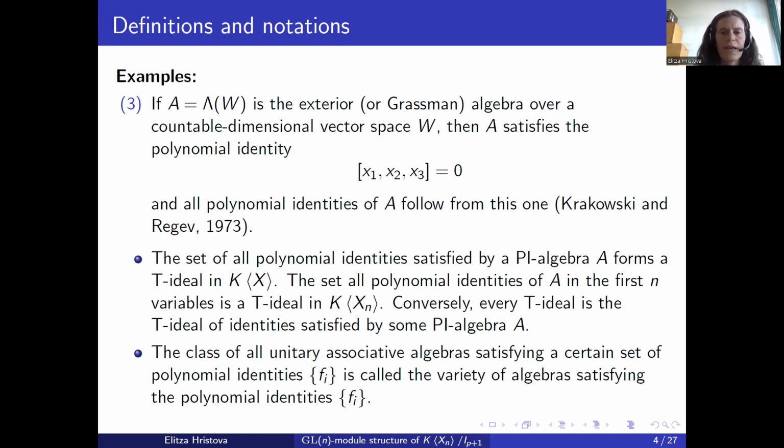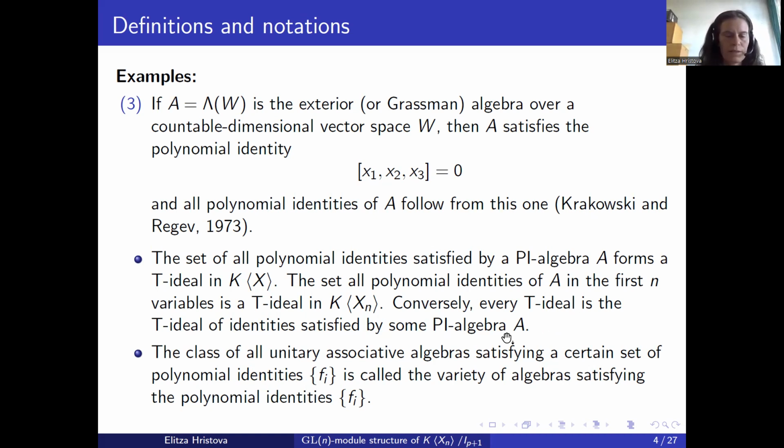And conversely, every T ideal can be represented as a T ideal of the identities satisfied by some PI algebra A. Right, so the two definitions of T ideal are equivalent.